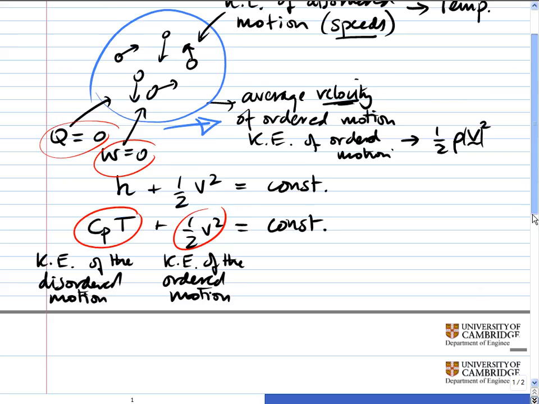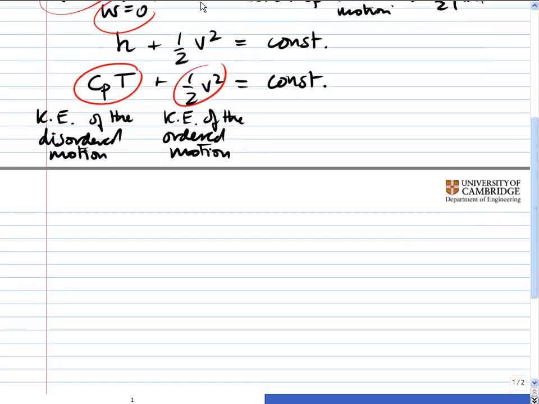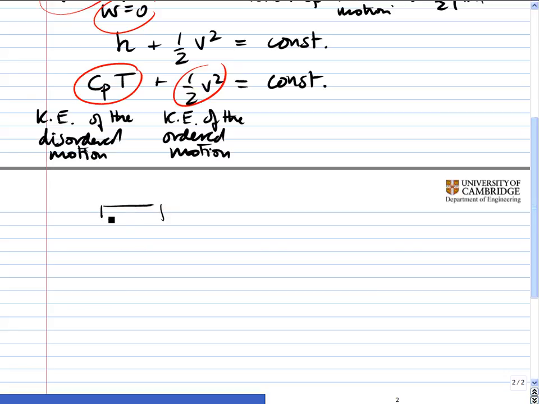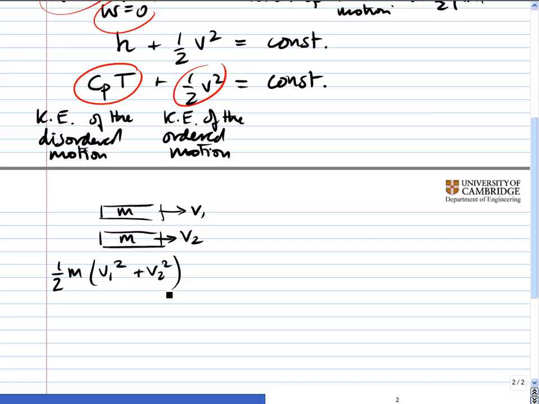So let's imagine two layers of fluid, one of them going at velocity v1 with mass m, and the other one going with velocity v2, again with mass m. Let's think about the kinetic energy of the ordered motion here. It's just a half m v1 squared for the top one plus a half m v2 squared for the bottom one. That's of the ordered bulk motion.